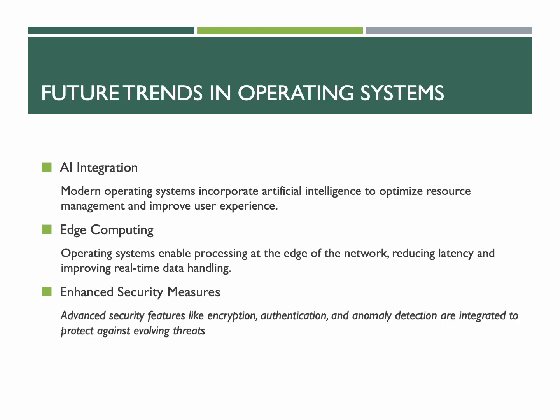Now, future trends in operating systems. First we have AI integration, then edge computing, and enhanced security measures. Operating systems are constantly evolving to meet the demands of modern computing.